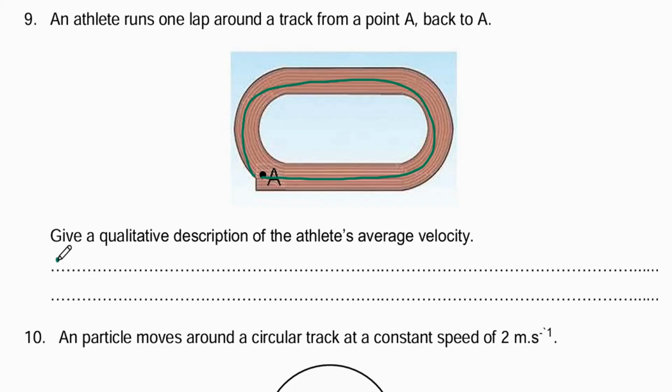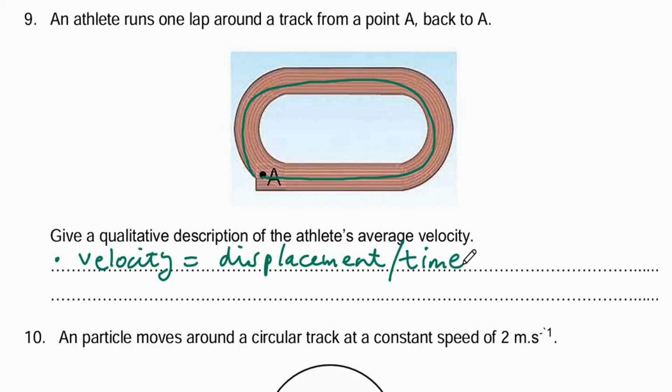So we can start by saying that velocity equals displacement over time. So the average velocity will be the displacement divided by the time. Now, if he runs from A back to A, the displacement is 0.